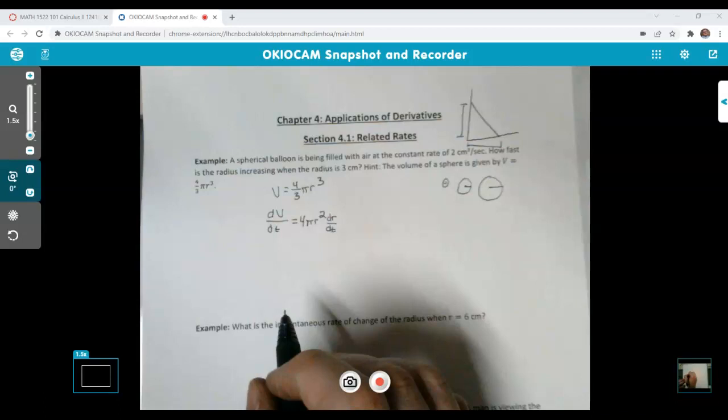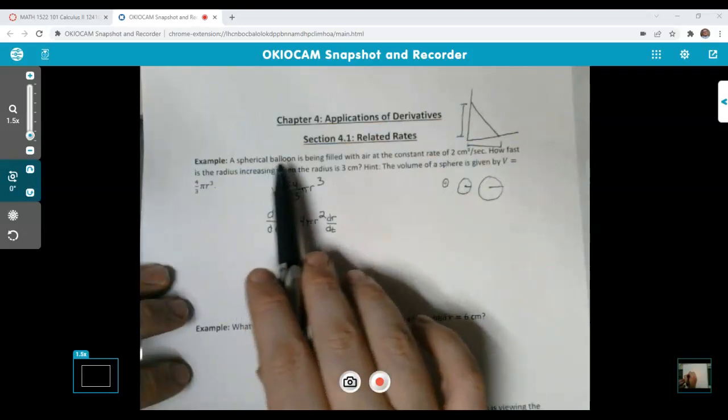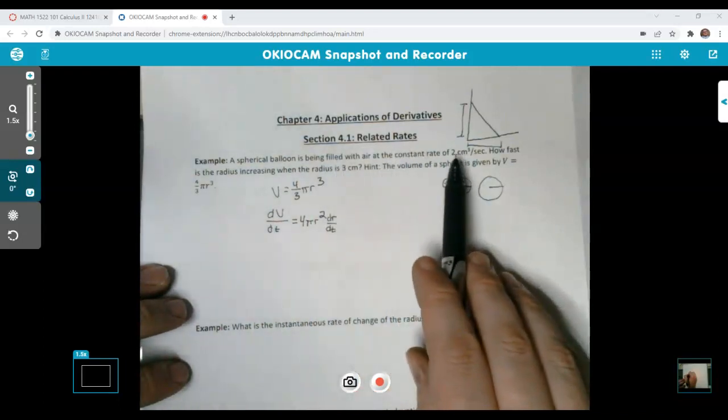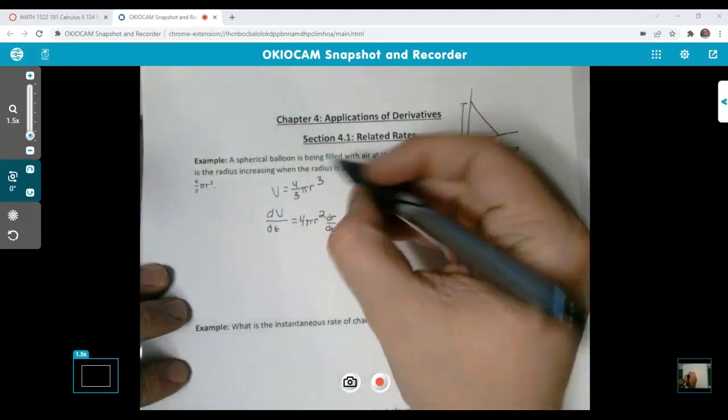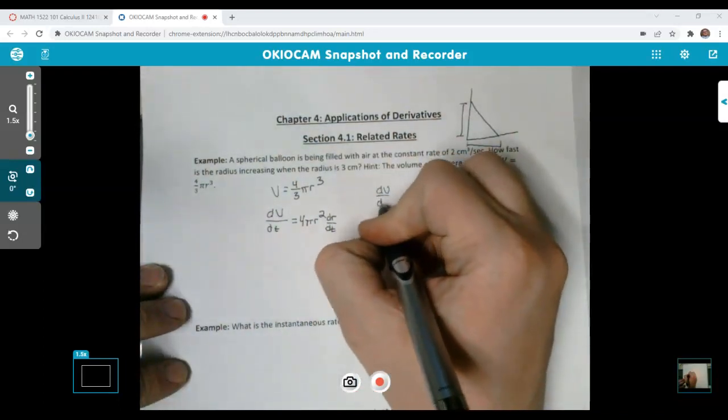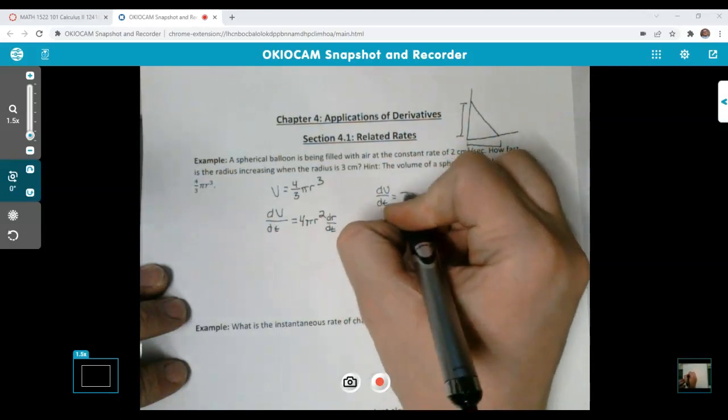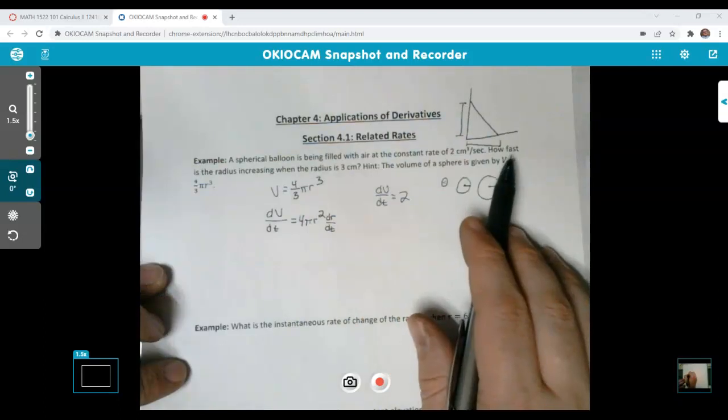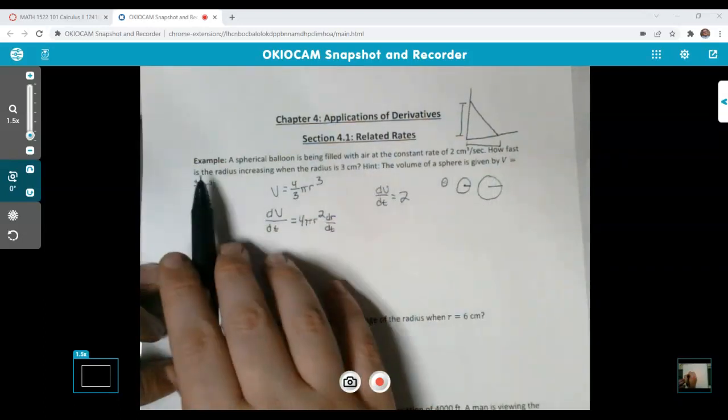So now I'm going to read all of this and ask, okay, what parts do I know and what do I need to solve for? So I know my change in volume is going to be 2. So I know dV/dt is 2 because that's what they said at the start, right? And what it wants to know is how fast does r grow?